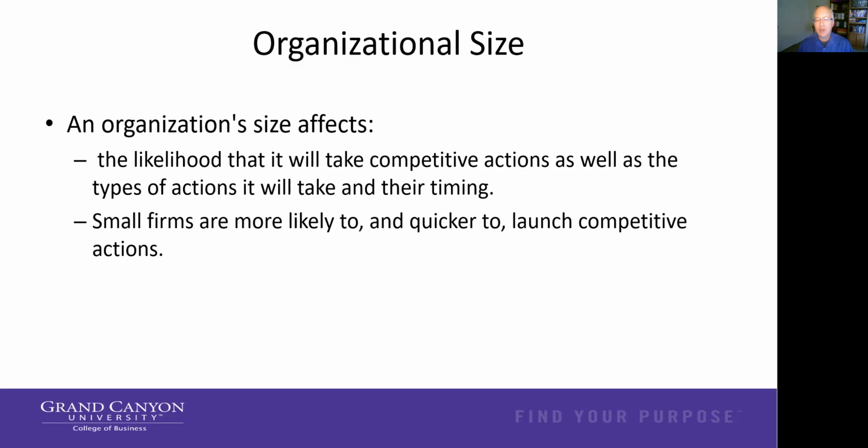Large organizations often have slack resources to launch a larger number of total competitive actions, and so they do. However, smaller firms have the flexibility needed to launch a greater variety of competitive actions. Walmart appears to be an example of a large firm that has the flexibility required to take many types of competitive actions.